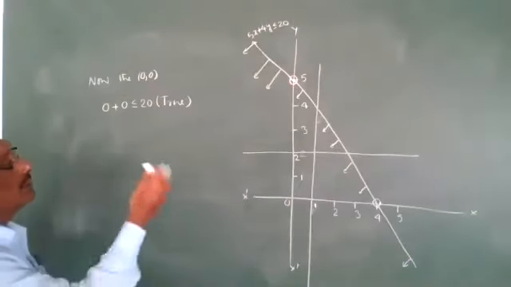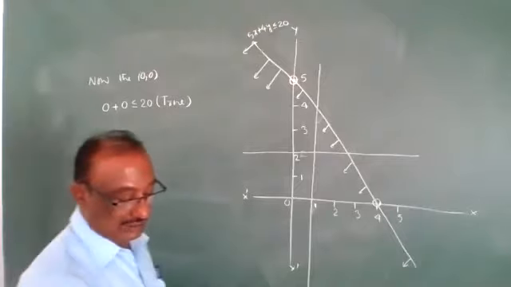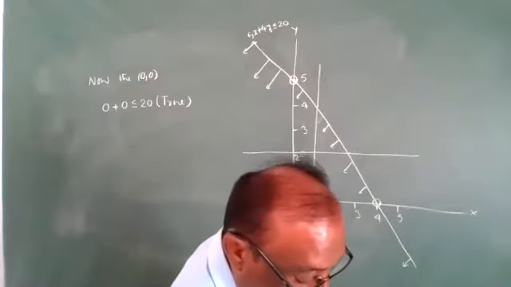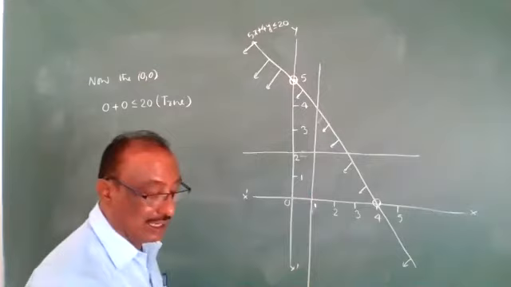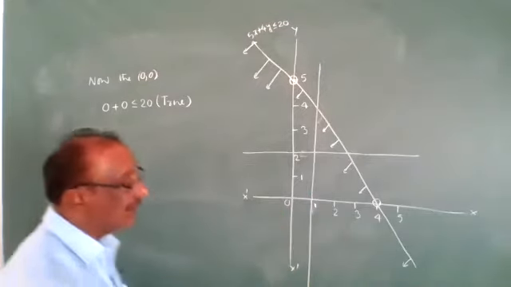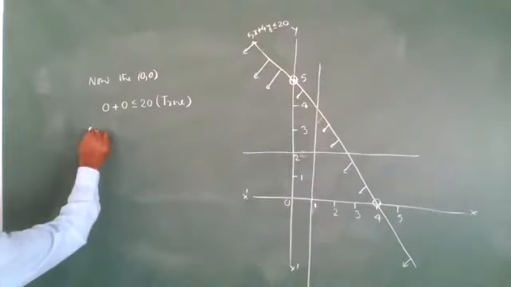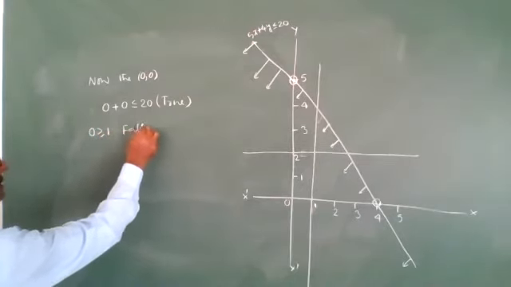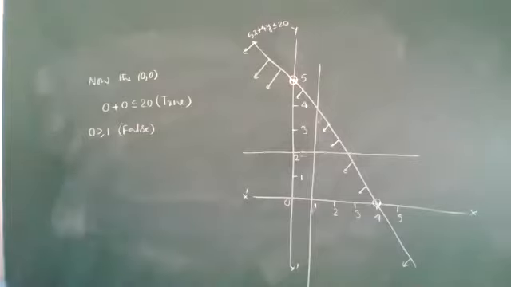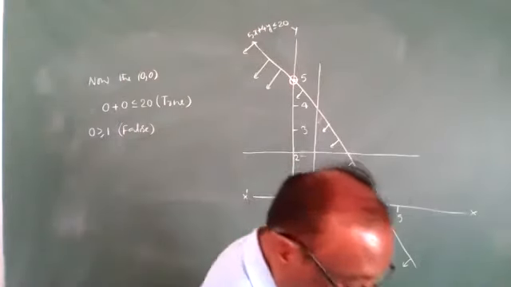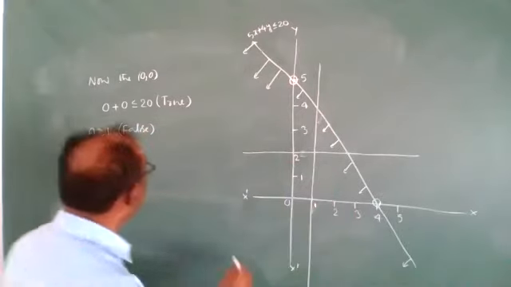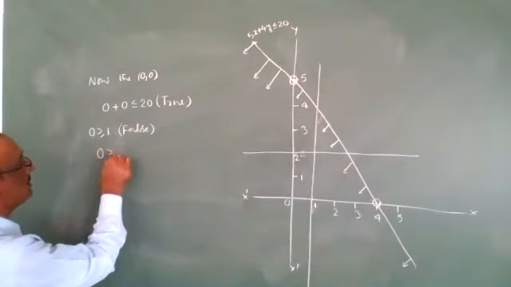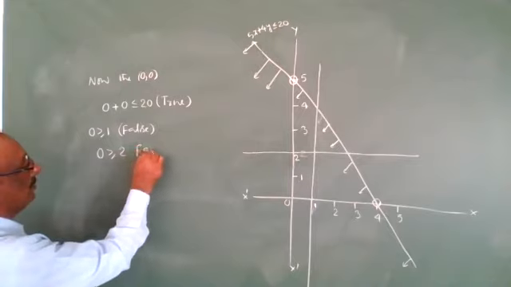Next, the second equation, x is greater than or equal to 1. 0 is greater than or equal to 1 is false. Next, the third one: 0 is greater than or equal to 2 is false. That is also false.